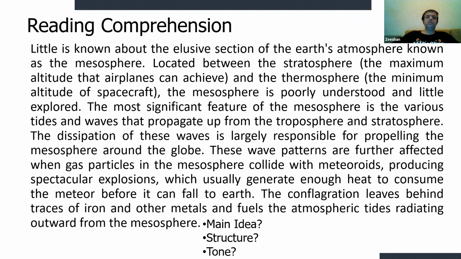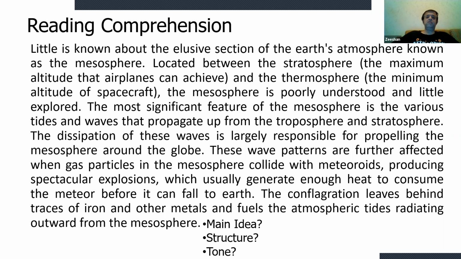Now that you know what the main idea is, you just need to skim through the rest. When you do, you will understand that the rest of the paragraph talks about how meteors collide with this layer, what happens when meteors collide, there are explosions, and then there is heat, conflagration, and then after the conflagration, traces of iron and other metals.